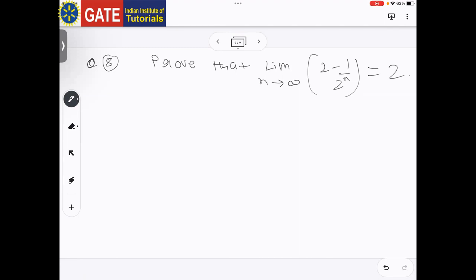Sir, is N in this case log epsilon by log 2? Let's see. So modulus of 2 minus 1 by 2 raised to the power n minus 2 is lesser than epsilon, then 2 gets cancelled. You get 1 by 2 raised to the power n is lesser than epsilon.